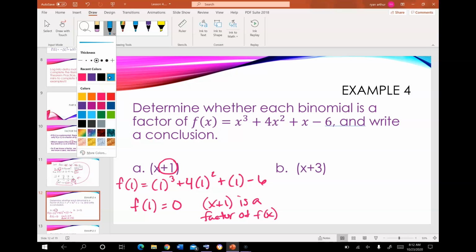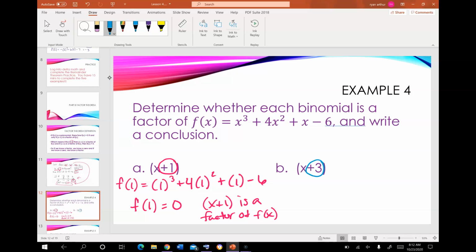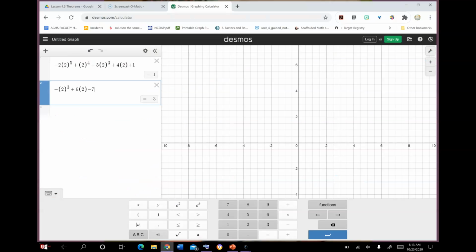Okay, so it wants to know if x plus 3 is a factor. So you change the +3 to a -3. So we're going to be doing f of -3. Okay, so we're going to replace all those x's with -3. All right, this one isn't as easy as 1, so we're just going to go to Desmos so I don't mess it up in my head.